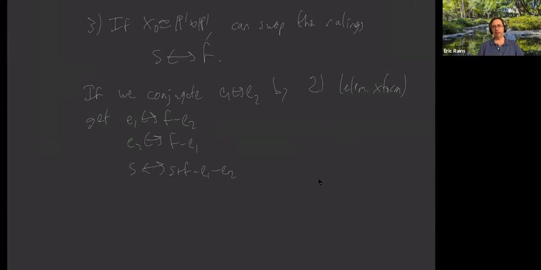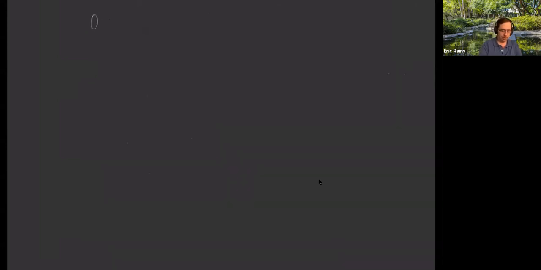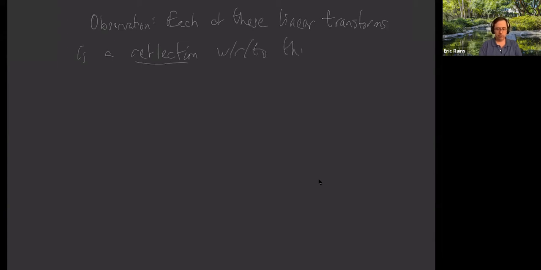Okay, now this last operation seems a lot weirder than the other operations, but there's an observation. Each of these linear transformations of this sort of constant basis is a reflection with respect to the intersection form.